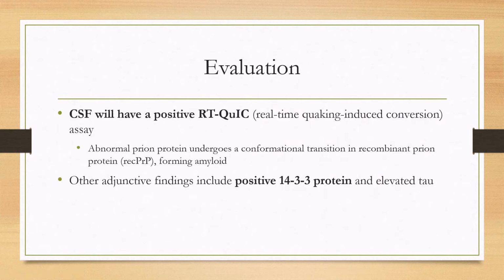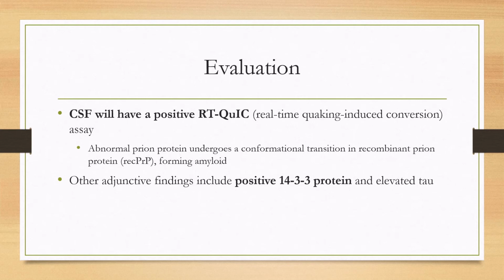The CSF evaluation is very important, and the RT-QuIC can be diagnostic of the disease in just the presence of the neuropsychiatric symptoms alone. And so what RT-QuIC is that if there is presence of abnormal prion protein, it will undergo a conformational transition in recombinant prion protein, and that forms amyloid, which is tracked in real time, and that will give you a positive RT-QuIC assay.